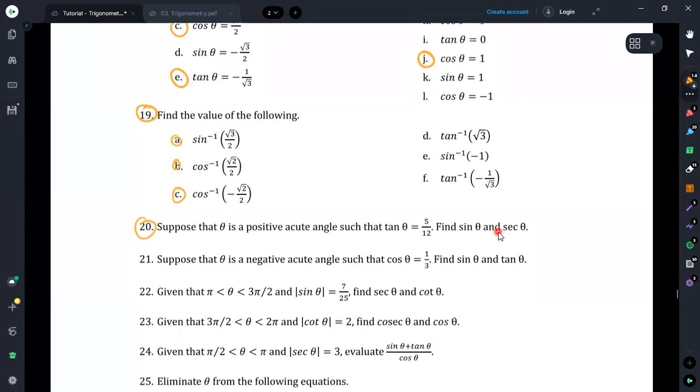Here it is given that theta is a positive acute angle such that tan theta equals 5 over 12, and thereafter we are asked to find the value of sine theta, and then the value of sec theta.